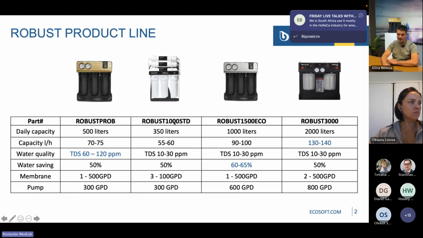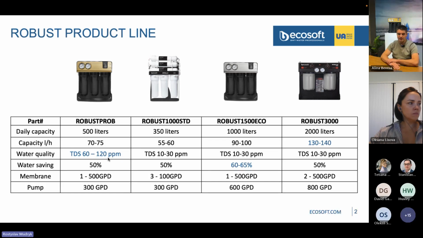The Robust 1000, Robust 1500, and Robust 3000 give you low TDS water. The quality of the treated water is in the range of 10 to 30 ppm. And we have a special product called Robust Pro that provides water with a higher TDS, 60 to 120 ppm.